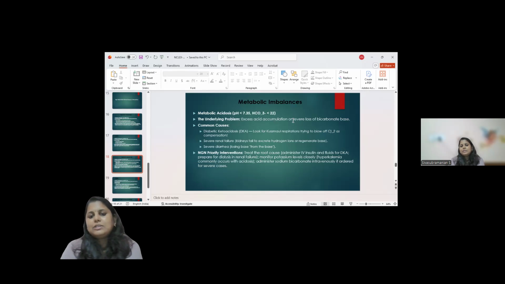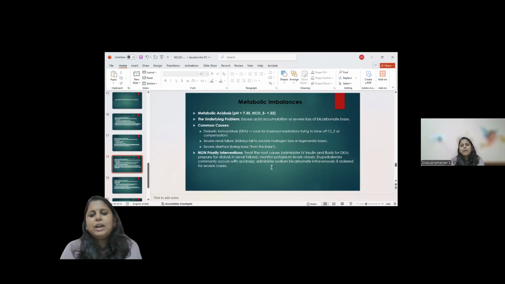Look for Kussmaul respirations, as the patient tries to blow off more carbon dioxide for compensation, as well as severe renal failure, where the kidneys cannot excrete hydrogen ions or regenerate bicarbonate. It will lead to metabolic acidosis. Sometimes you can see metabolic acidosis from severe diarrhea, losing base, because metabolic means base.